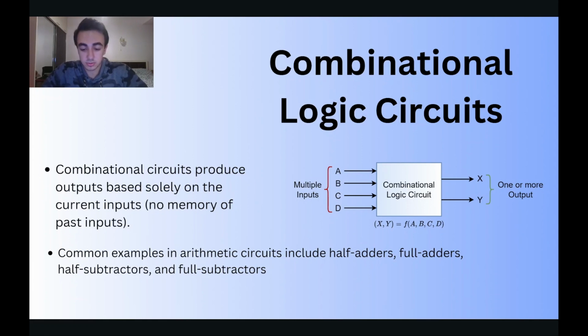We'll be looking at two important types, half adders and full adders for addition, and half subtractors and full subtractors for subtraction. These circuits are designed to process inputs and generate outputs instantly based solely on the current values. Understanding these circuits will give us a deeper insight into how computers perform binary arithmetic.